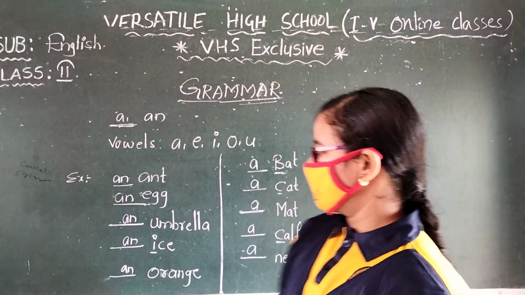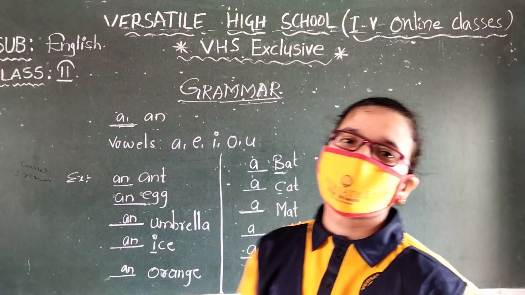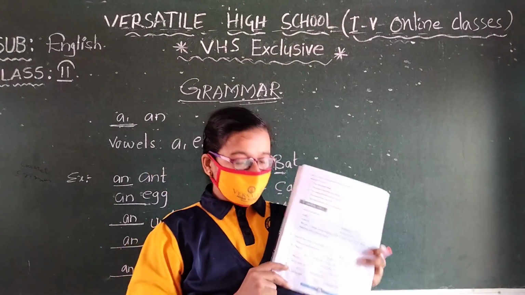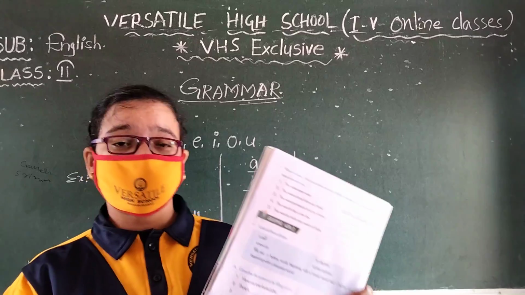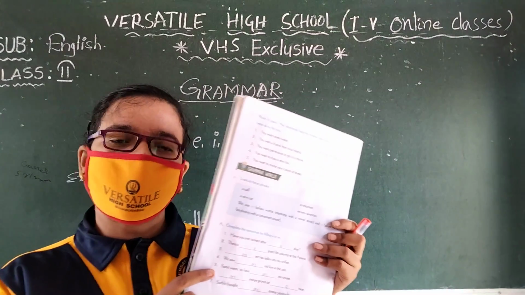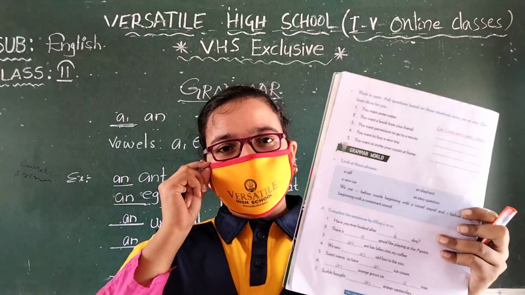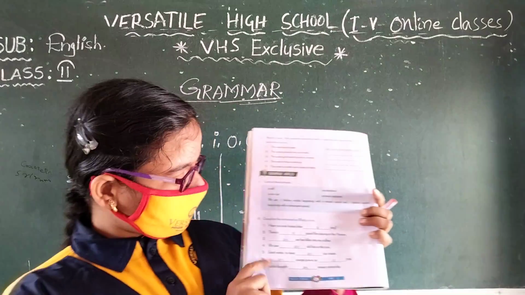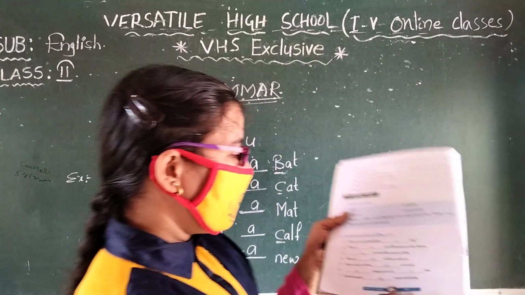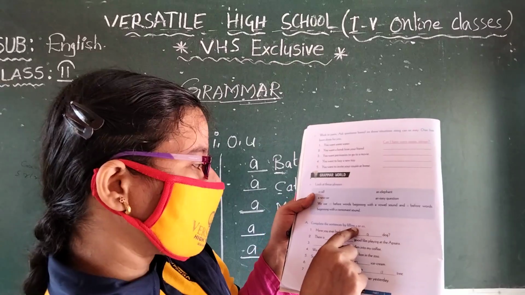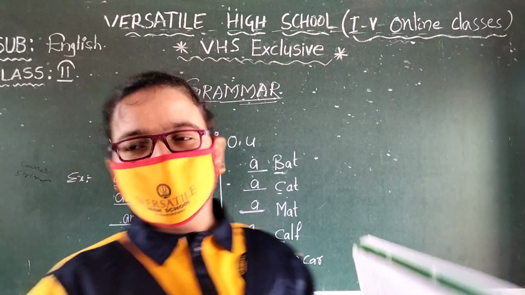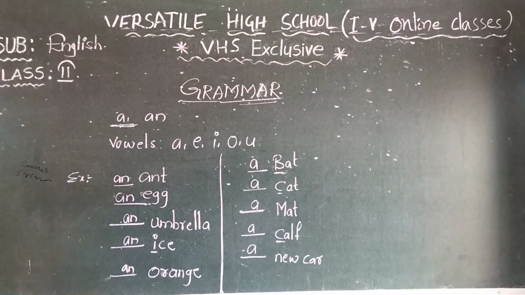Okay. Listen. Some examples are given in this textbook. This is your textbook, all of you have the textbook. Complete the sentences by filling in a or an. Once I will write on the blackboard.